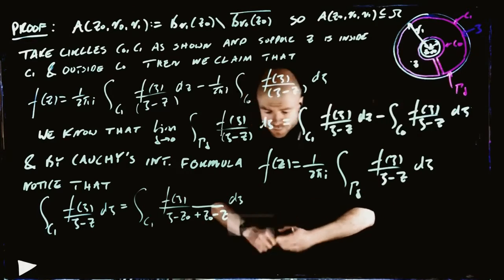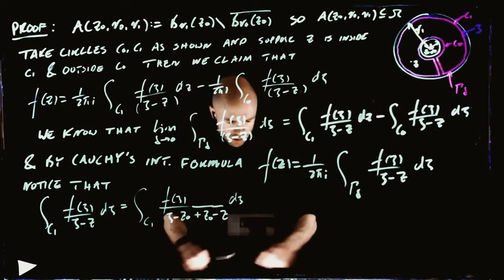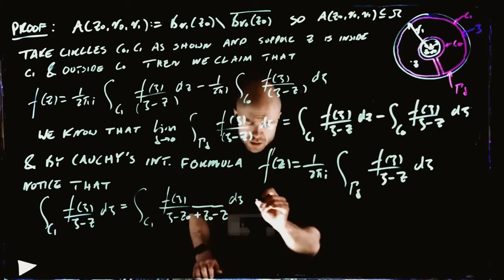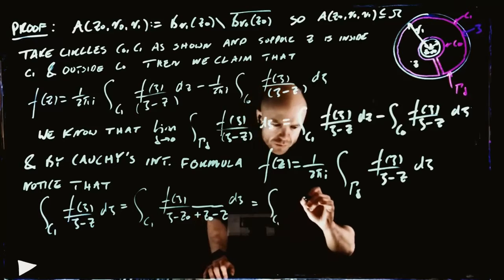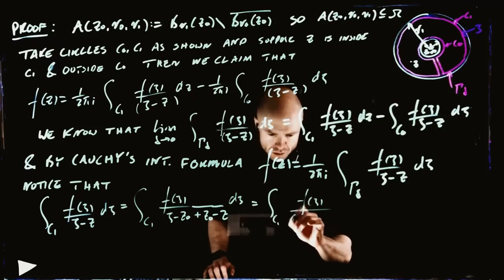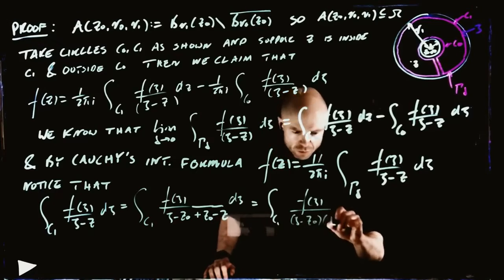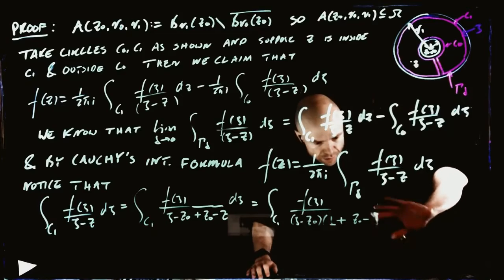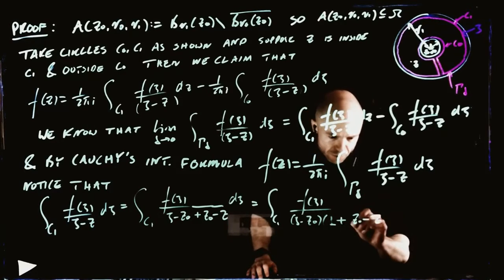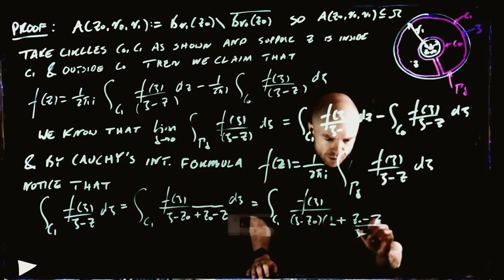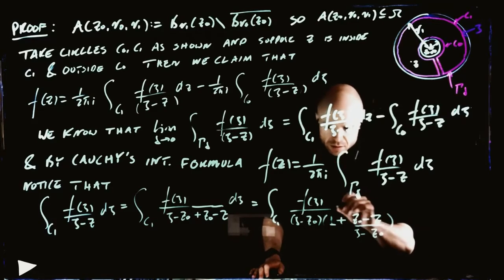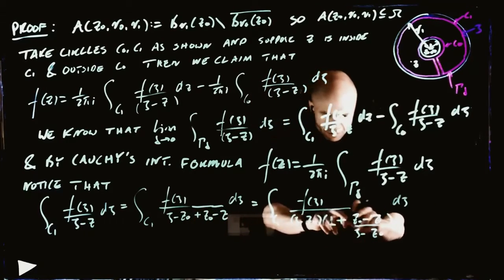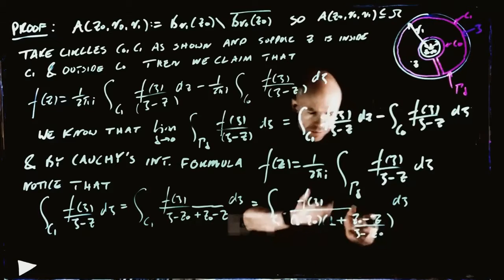So we can factor out this zeta minus z0 from the bottom line here, and then we get f of zeta over zeta minus z0, and then we're going to have 1 plus z0 minus z over zeta minus z0 like this, right? And let's write this as minus minus, which we can do.